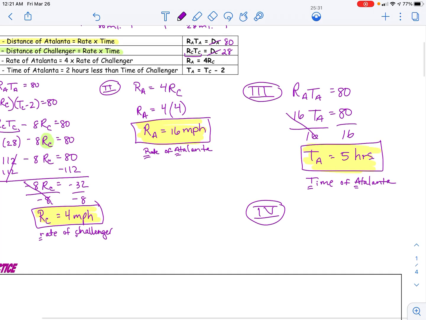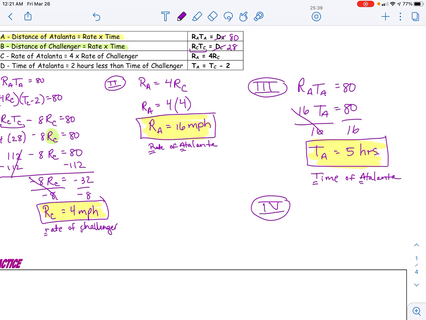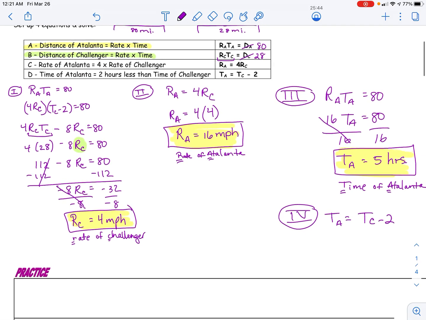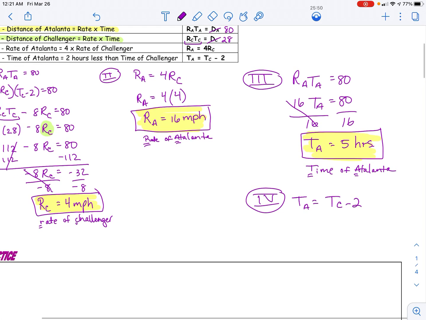All right, so let's go back up here and see where can I use the time of the challenger. Well, there's a couple different places we can go, but I'm going to use letter D because I haven't used that one to solve for something. So we'll go ahead and use T A equals T C minus 2. Actually, that's not true. I did use it over in Roman numeral 1, but we're going to use this because I can fill in 5 for the time of Atalanta equals T C minus 2.